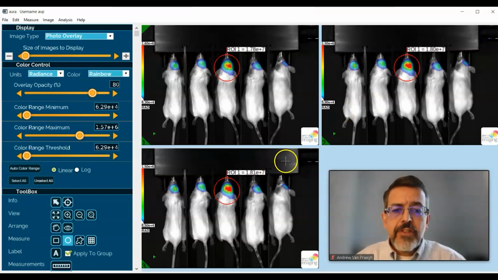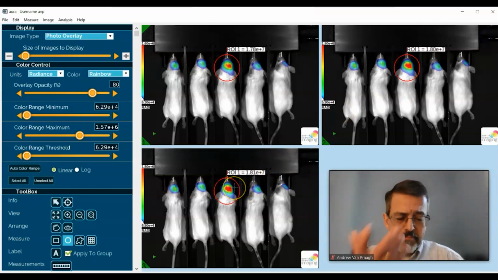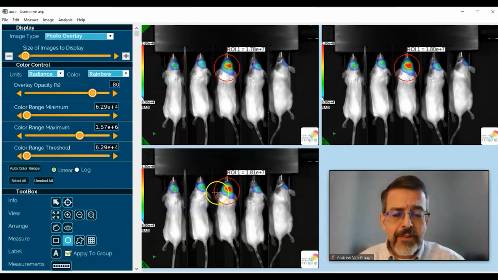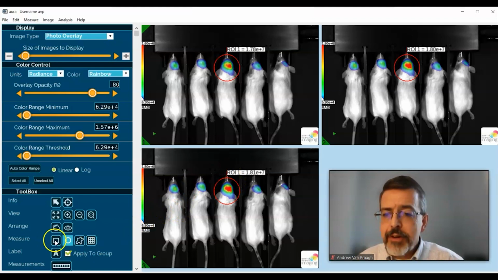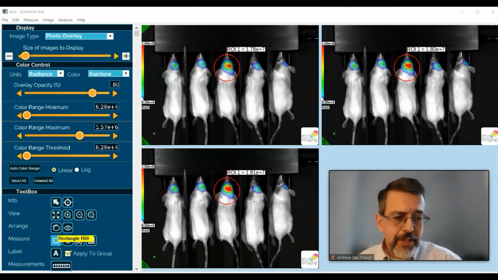Okay, so let's say in a scenario we have an investigator that uses an elliptical ROI to do their analysis, and they have a colleague that happens to go ahead and use rectangular ROIs to do their analyses.